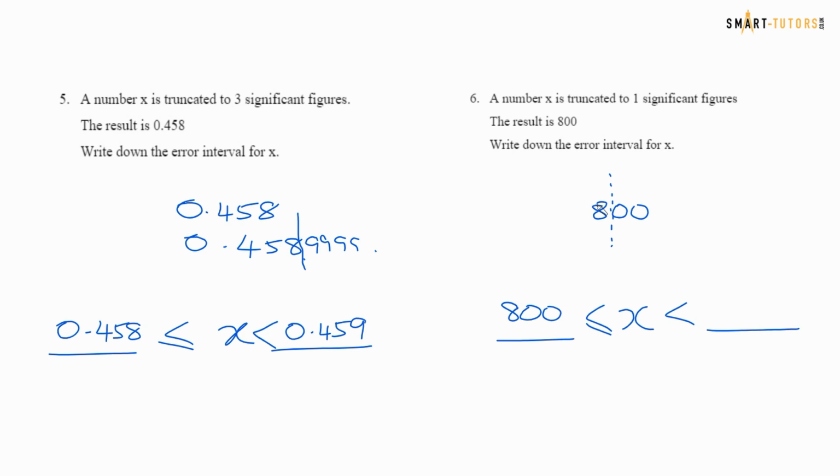The maximum value can go to 899. So 899 is the answer, but if there is no equal sign, you need to add 1. So 899 plus 1 is 900. So any number below 900, that means 899, if you truncate it to here, it's going to be 800. So that is our answer for question number 6.